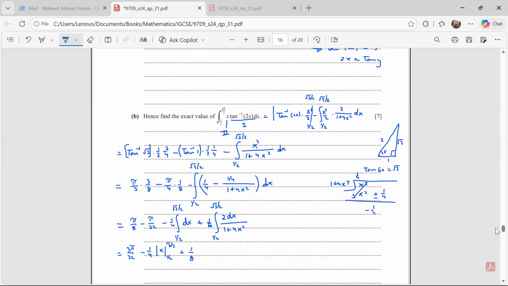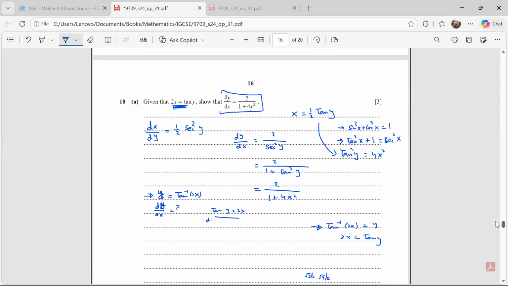Now this whole thing, that's the derivative of this thing, right? Let me write this down: y is equal to tangent inverse 2x, right?